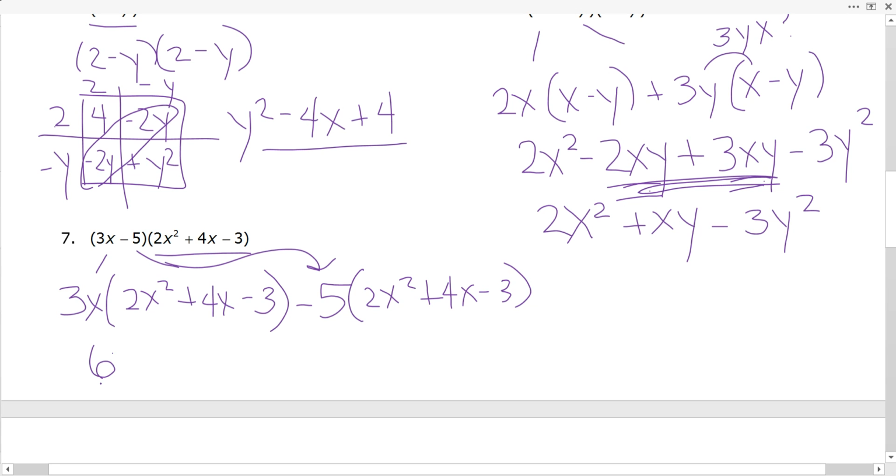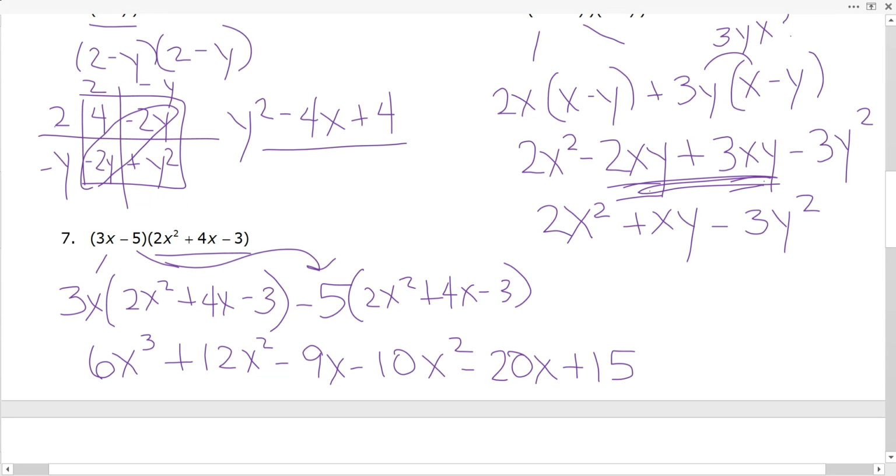So I have 6x cubed, excuse me, plus 12x squared minus 9x minus 10x squared minus 20x plus 15. So I'm going to put these guys together. I'm going to stack them, I guess. I don't think it'll let me write right here. No, it won't. Okay, so here's my minus 10x squared.